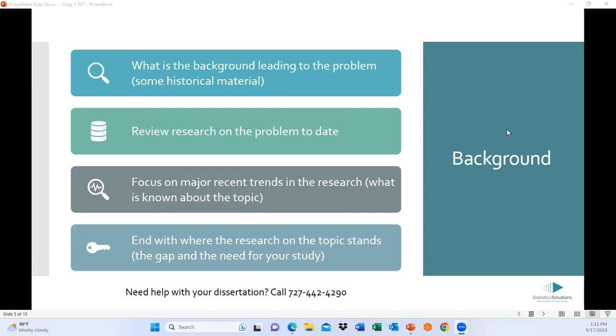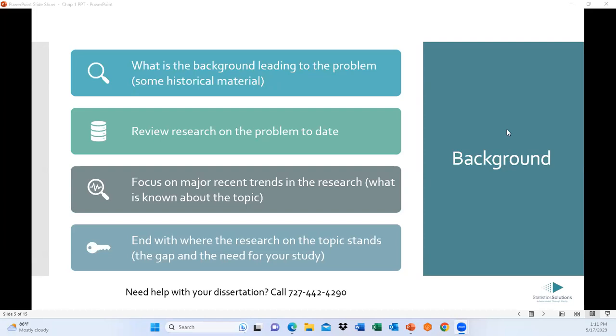Usually you can conceive of the background as a funnel, right? It starts general and then tapers to point to your specific problem that you're looking at.